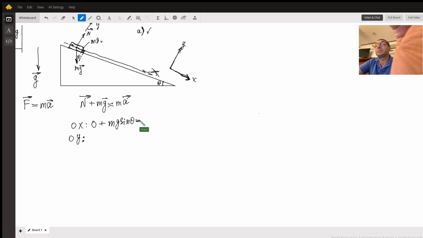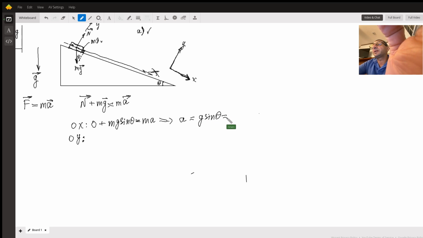This will be equal to mass times acceleration in the x direction. From here we can find the acceleration, which is equal to g sine theta.